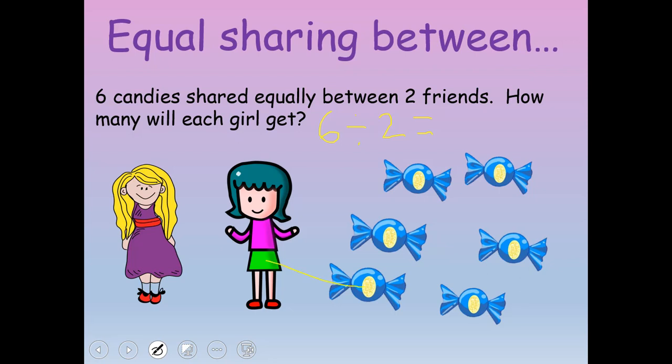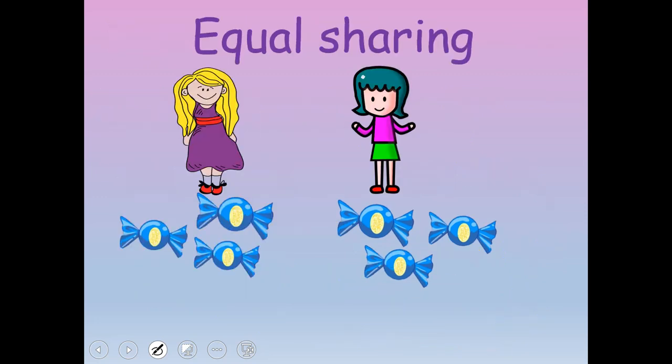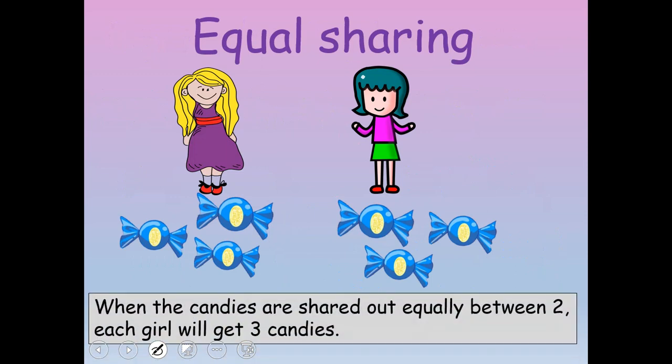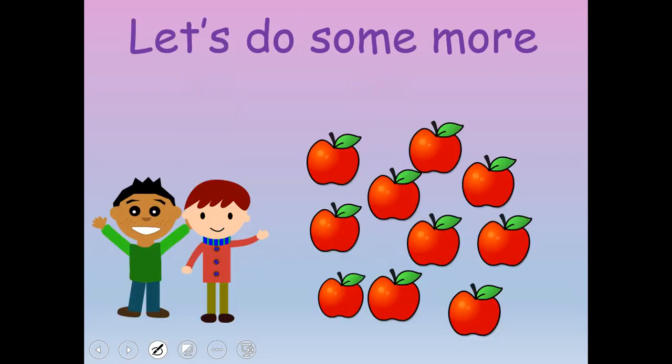So she gets 1, 2, 3 candies, and then she can have 1, 2, and 3 candies. So each person gets 3, okay? So she gets 3 candies, and the other girl gets 3 candies, okay? So when the candies are shared out equally between 2, each girl will get 3 candies.